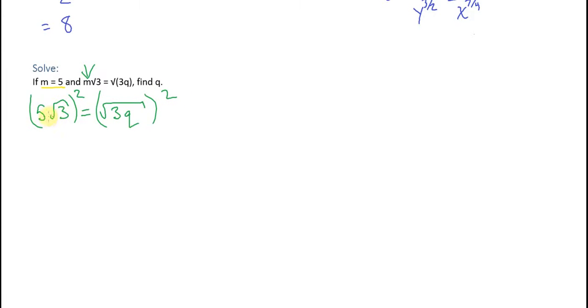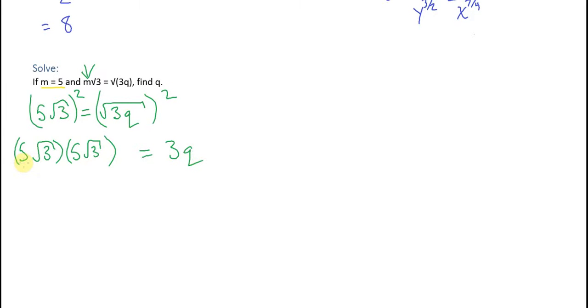So now on the left side, it can be a little bit confusing. What do I do with this 2, with the 5, and with the square root of 3? So you can always go back to a simpler concept. So squared means times itself, so let's just multiply it by itself. And here the squared on the right side is going to cancel out with the square root, leaving just 3q.